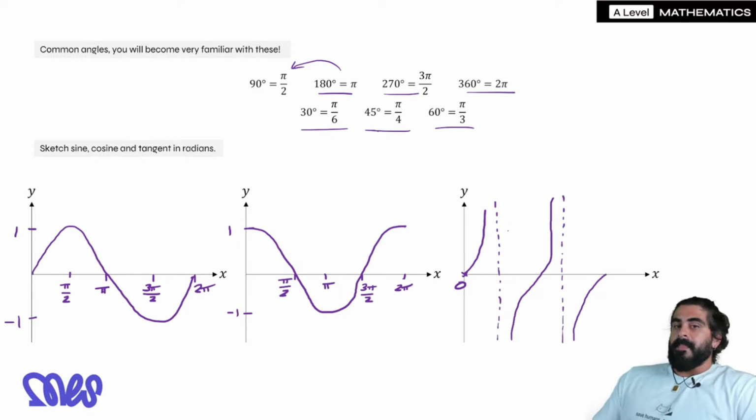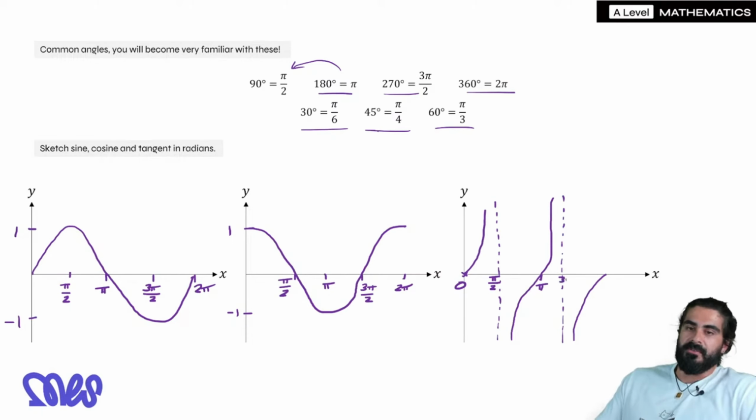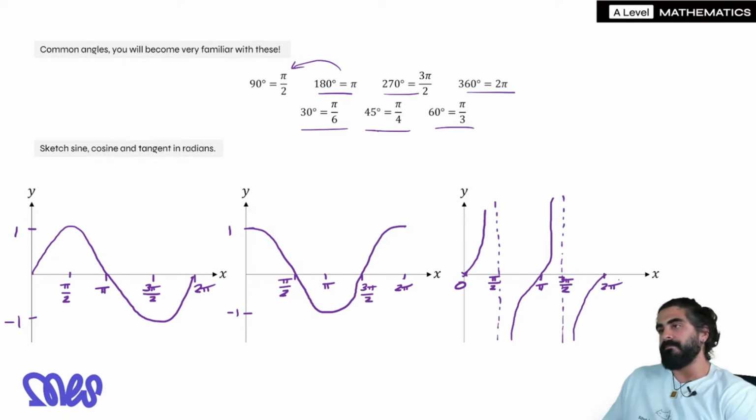Now, there is an asymptote at 90 degrees, which is pi over 2. It crosses the x-axis again at 180 degrees, which is pi radians. The asymptote is at 270 degrees, which is 3 pi over 2. And then finally, 2 pi is where it gets to 360 again.